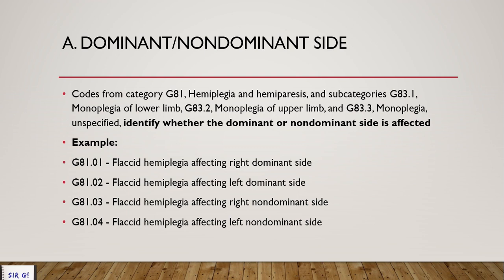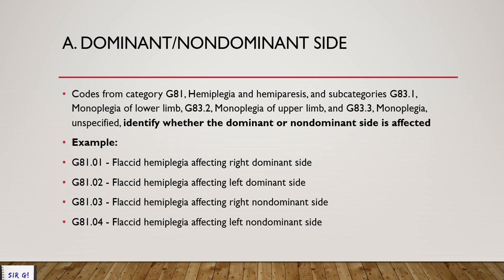So remember, if the affected side after a stroke, the complications there are hemiplegia or hemiparesis or left-sided or right-sided weakness. Now we need to know if the right side or the left side is the dominant side or the non-dominant side of the patient. For example, the physician documented a left-sided weakness and the patient is right-handed.